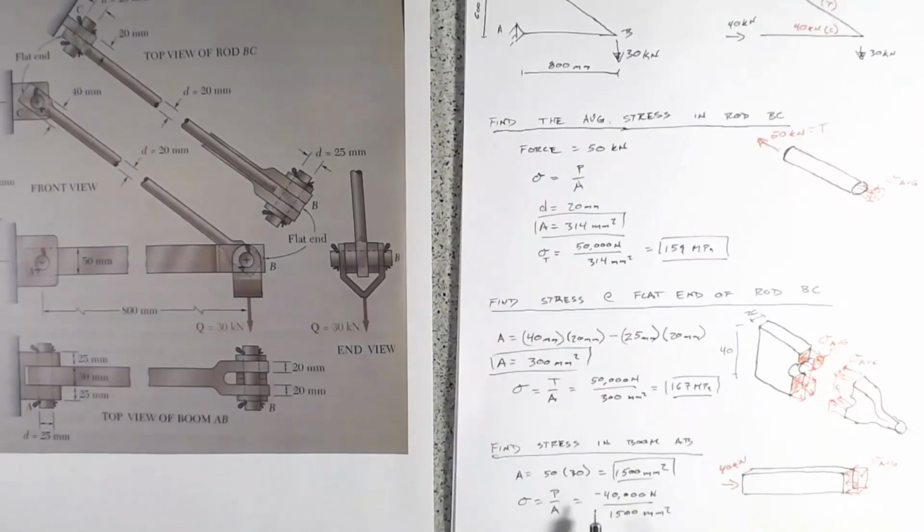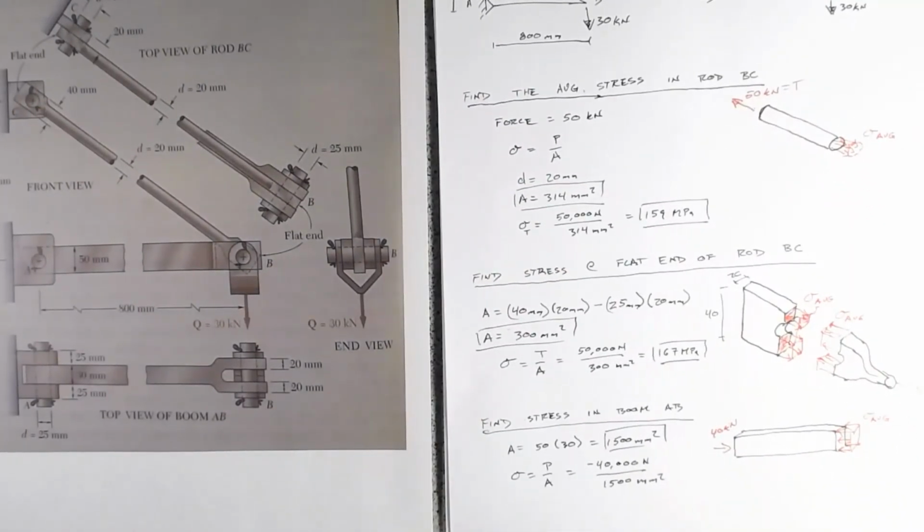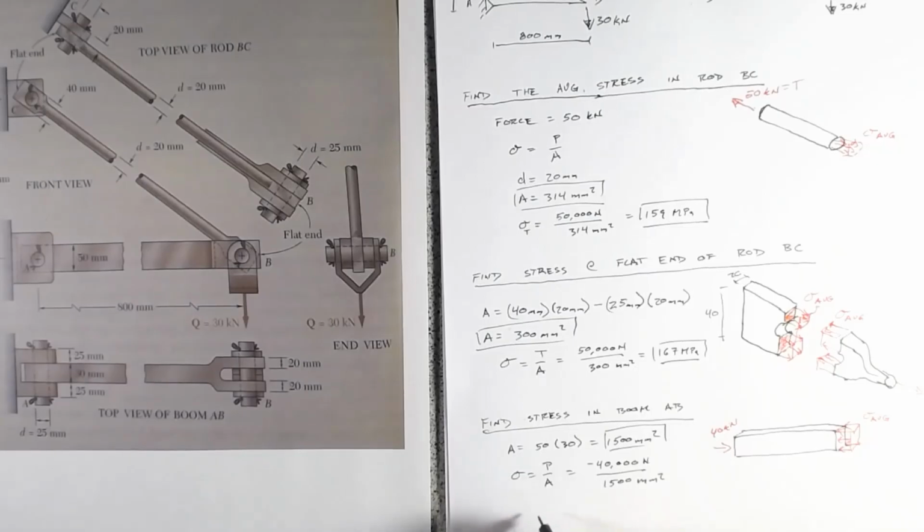We're using a minus because it's in compression, and that goes with our sign convention where positive is for tension forces and we use negative for compression forces. So if we work out that stress, our stress equals negative 26.7 MPa, or we could simply say stress equals 26.7 MPa in compression.